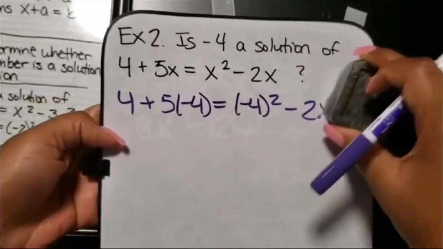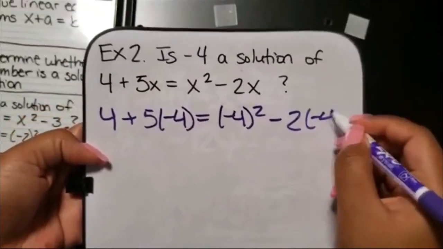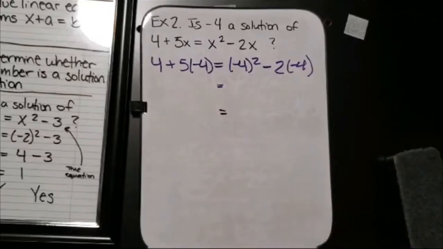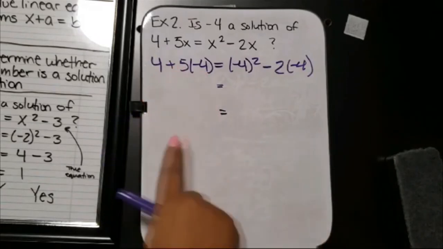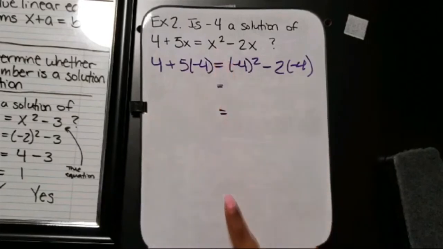To actually plug in the -4. And when you guys work these problems, please, please, please remember that this is the left side and this is the right side. This equal sign divides the equation, okay?